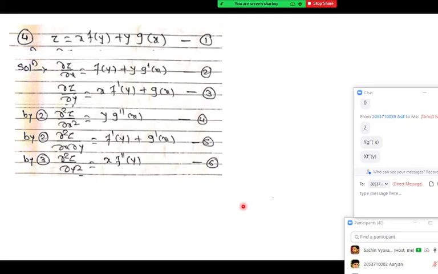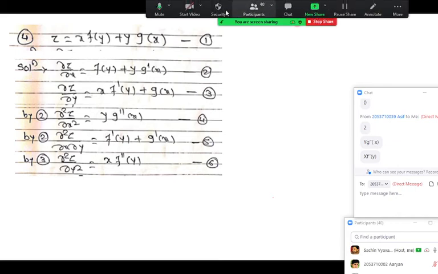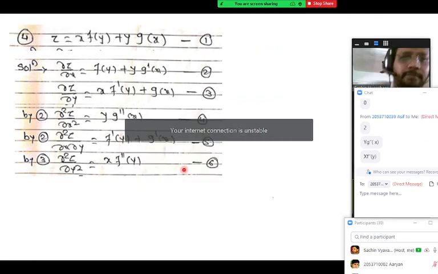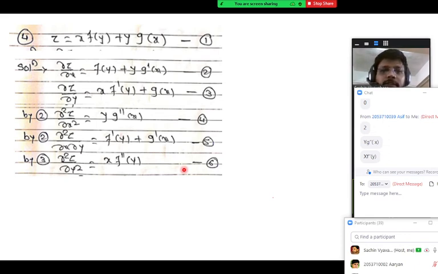Second order is generally tricky. Yes, any answer? It's always a little bit tricky there. You have to think on it.